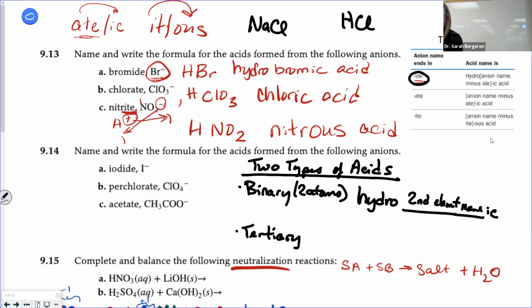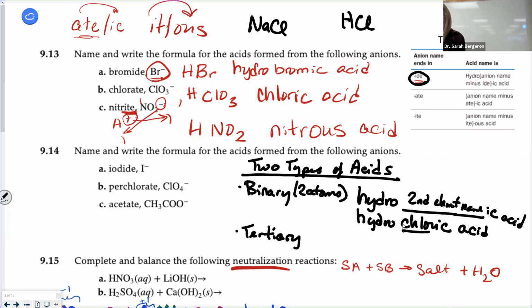So for the example, hydrochloric, there's the IC, and then you put the word acid, right? So the only thing that's going to change for a binary acid is this little bitty part that's underlined.